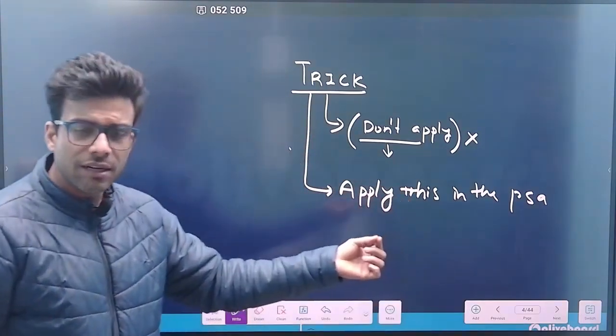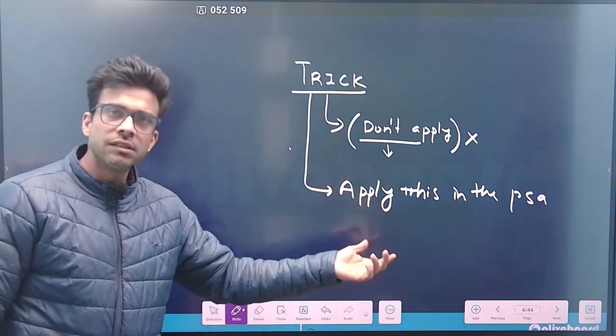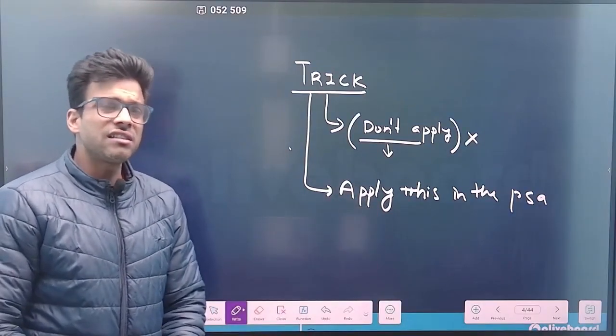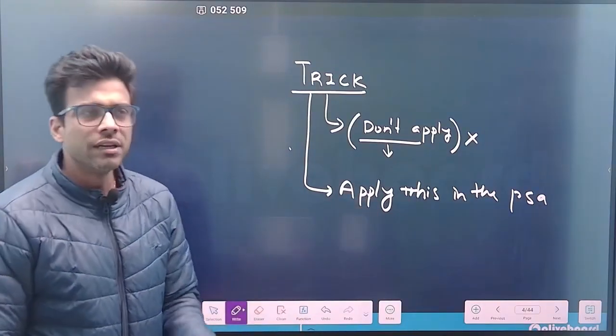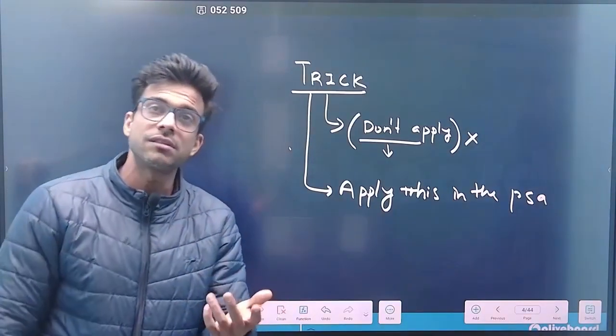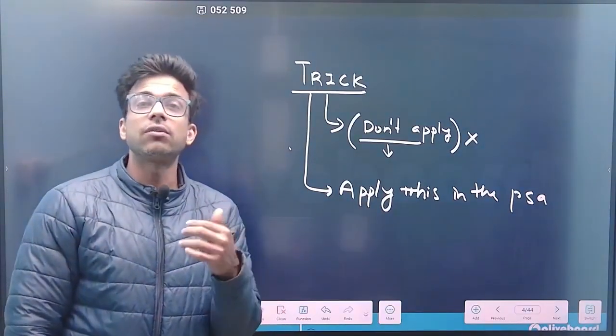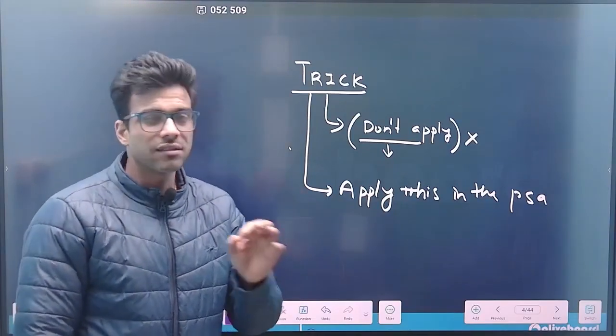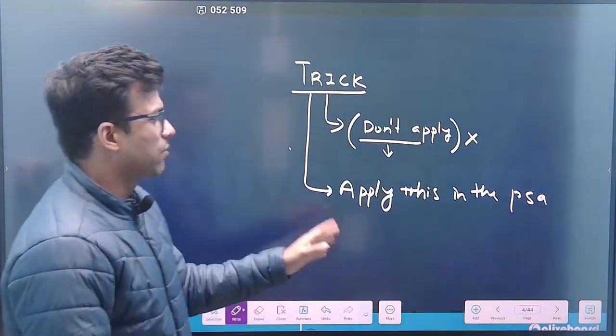If you don't apply it, what is the need of that? It is a wastage of time. Your mind just says, okay, I know these things, but that doesn't affect you much in problem solving.